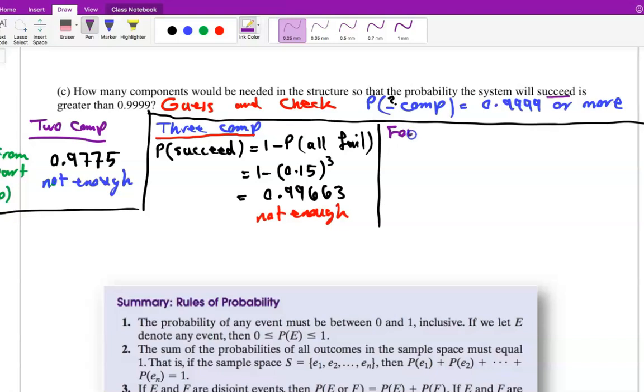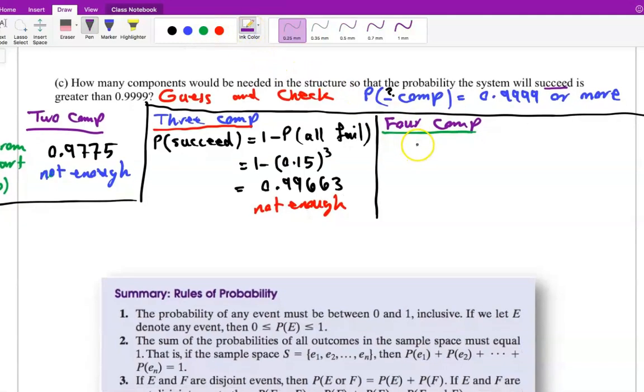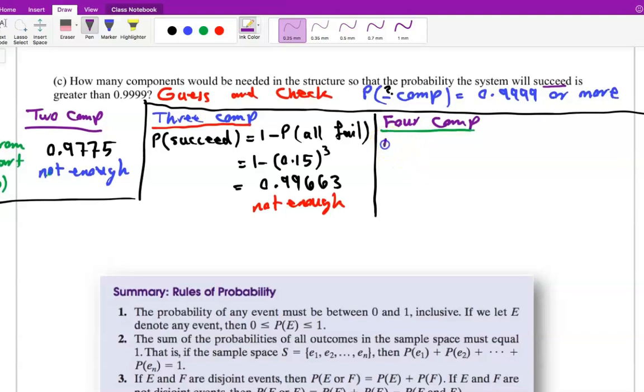Now 4 components. Again, 1 minus the probability of all fail.